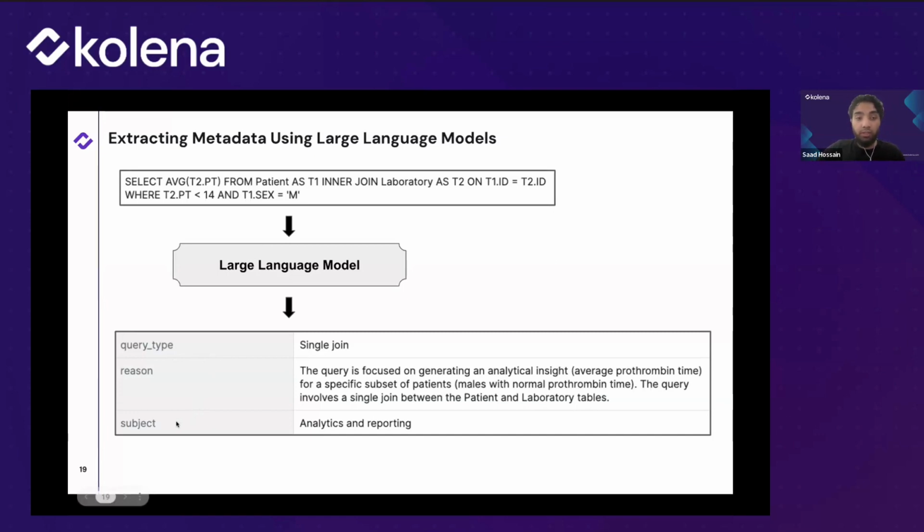We know that it's a single join, and that the subject is analytics and reporting. We can also obtain the reasoning as to why this SQL query was sorted into these categories, why it was given this query type, and why it was given this subject.